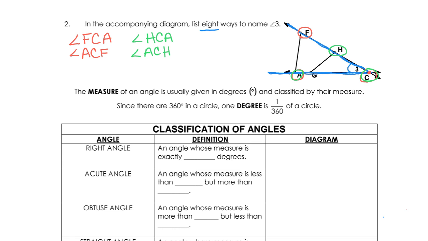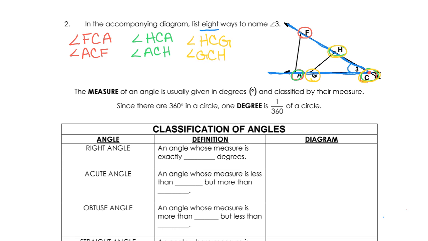So maybe we can go back and say, keep H, keep C, but grab G and go angle H, C, G, or flip them and say angle G, C, H. So each time I'm grabbing a letter from the one ray, then the vertex letter, and then a letter from the other ray or the other side of the angle.